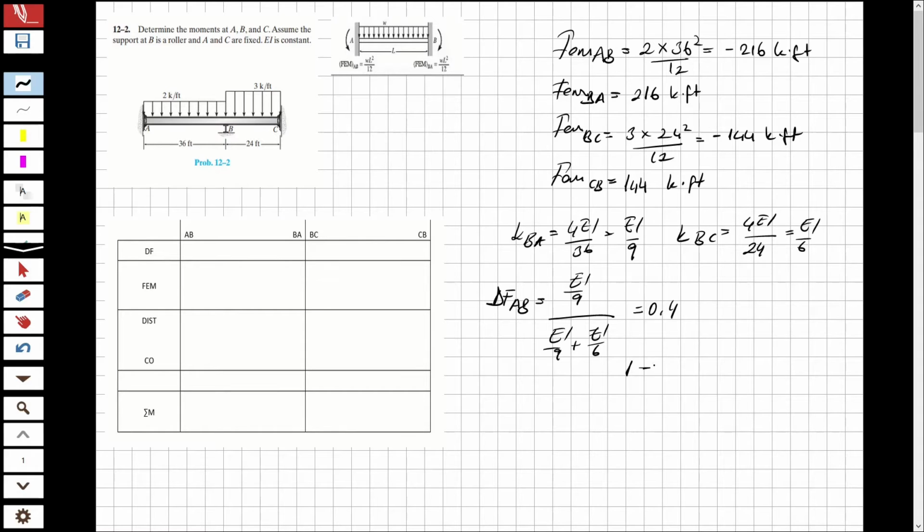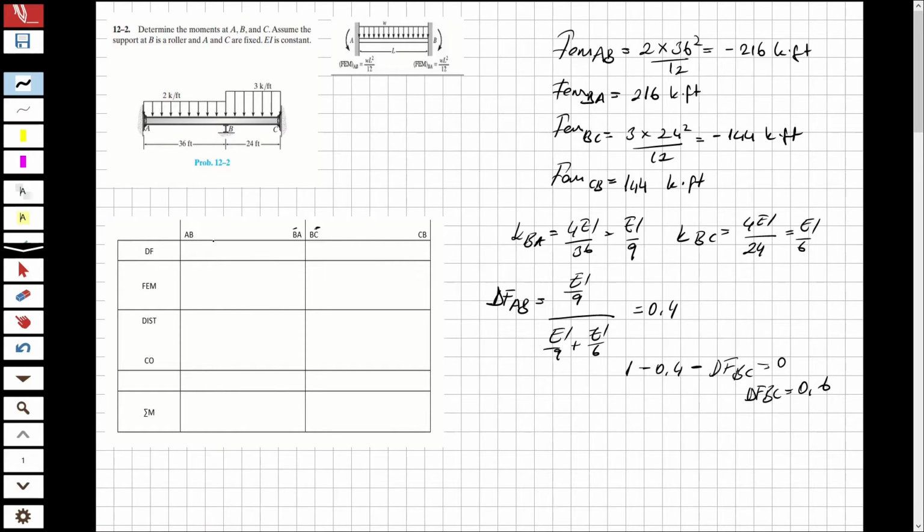And you know that the summation of both distribution factors must be equal to 1. So when I subtract 0.4 from 1, distribution factor BC is 0.6. Now I have my distribution factor BC, 0.6.